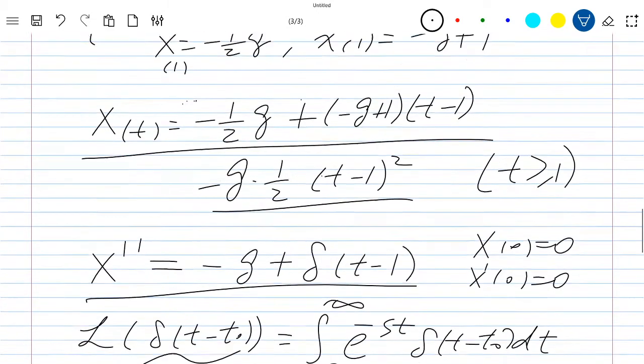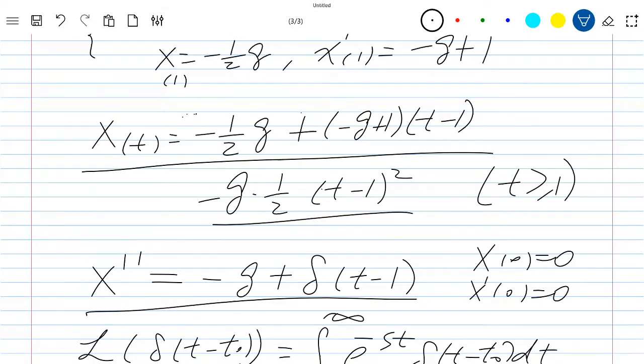This looks like something complicated. But if you expand it, you will see it should be the same. This will give you t squared minus 2t plus 1, right? And you see negative g half t squared is here. Then you have 1 times negative half g. So it's a negative half g and another negative half g. And this is 1 times that.